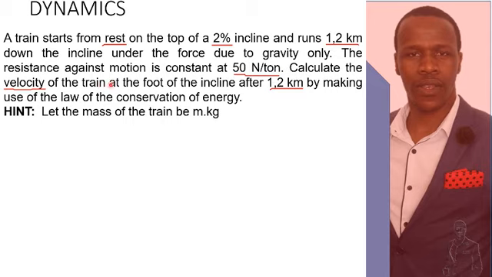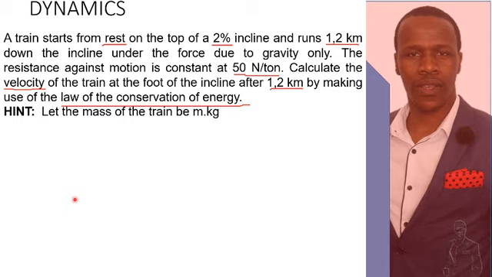Calculate the velocity of the train at the foot of an incline after 1,2 kilometers by making use of the law of conservation of energy. I think when you see the law of conservation of energy, you have only one formula in your mind, or maybe two.